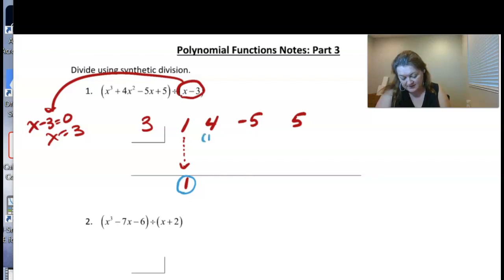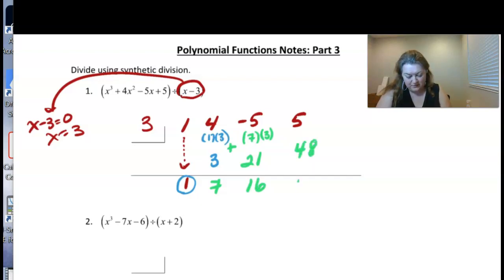So we're doing 1 times 3, and underneath it I'm going to write a 3. Then we add straight down. 4 plus 3 together is 7. Then we repeat this process again. 7 times 3 is 21, and that's going to give 16. Do that again, 16 times 3 is 48. Add them up, we get 53.